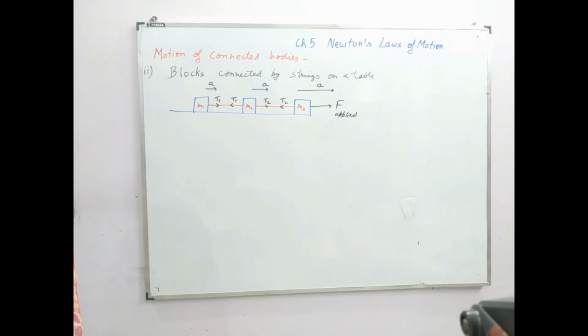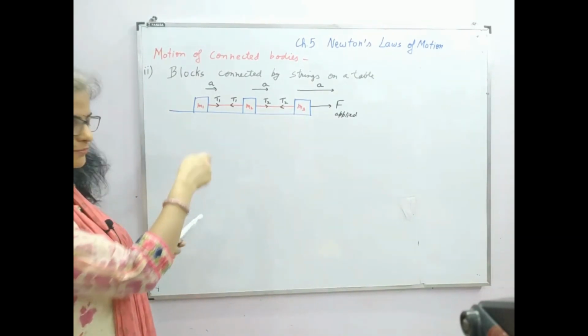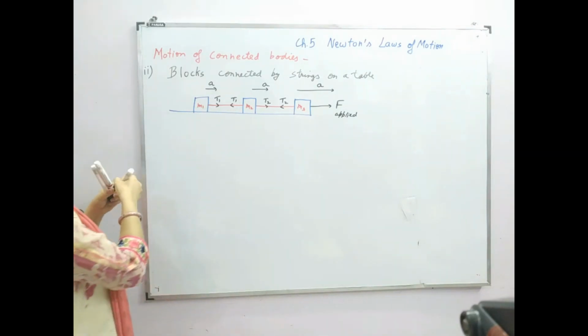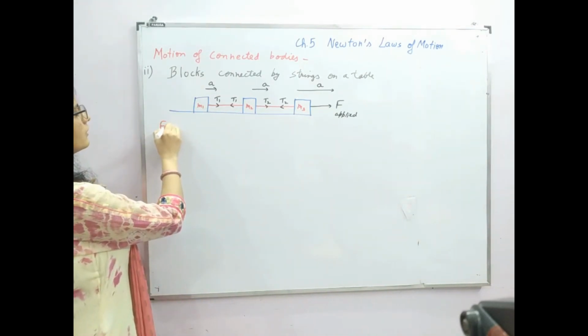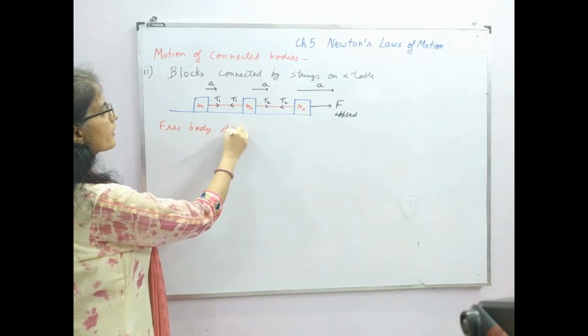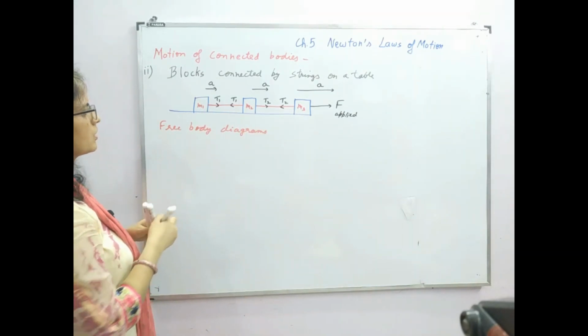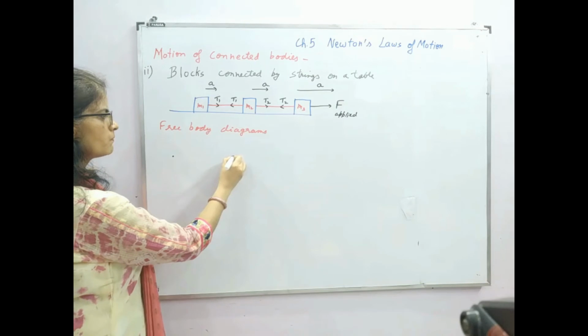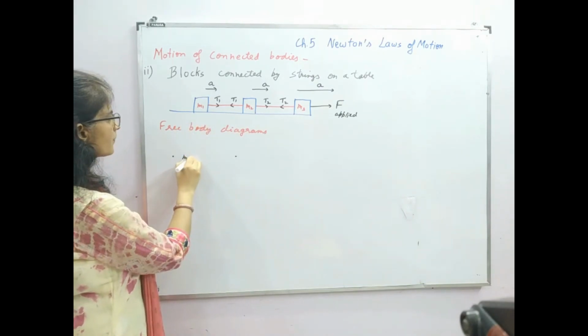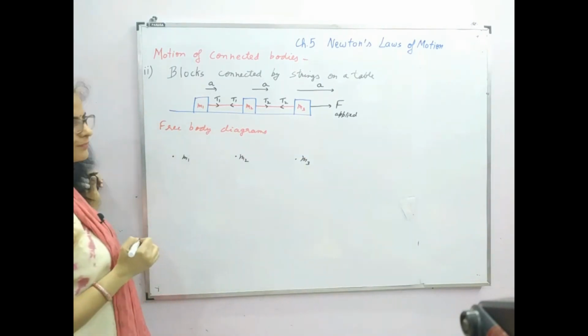So that means now if I consider the free body diagrams of these masses. So first what will we do? We will draw the free body diagrams. We have to consider the first point for M1, second point for M2 and third point for M3.